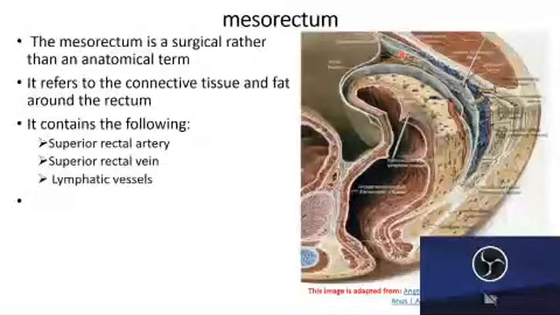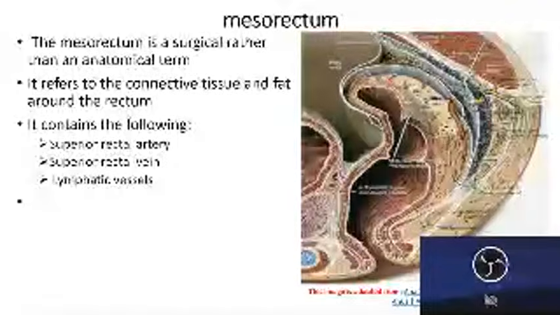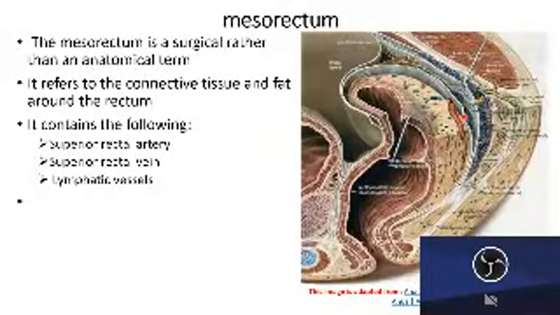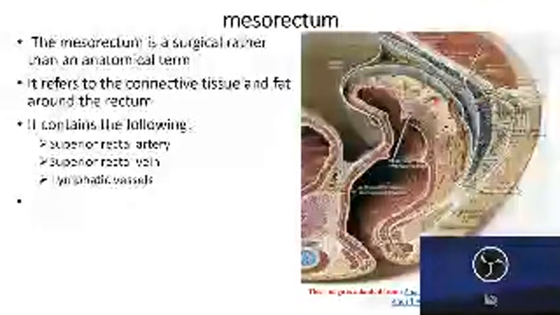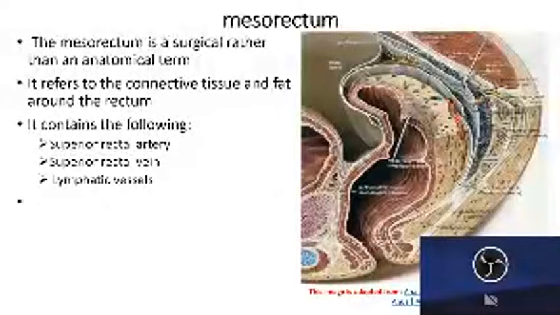But as for the mesorectum, within this you can clearly see the superior rectal artery and its branches. Ordinarily, the superior rectal artery is a branch of the inferior mesenteric artery.